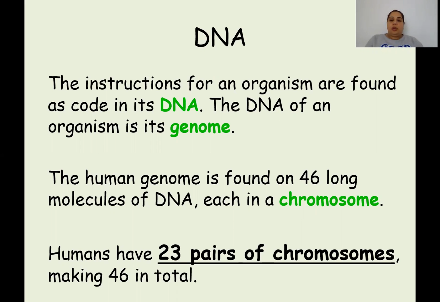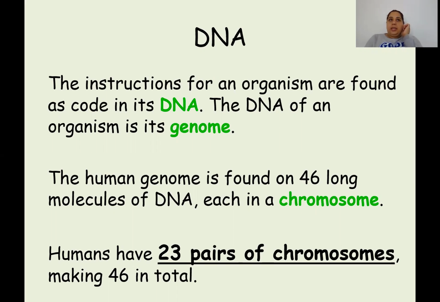And if we were talking about the DNA of an organism, and I mean the entire DNA of an organism, we call that its genome. So the genome is the entire DNA of an organism. In terms of the human genome, it says it's found on 46 long molecules of DNA, each in a chromosome.